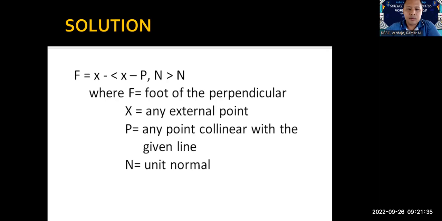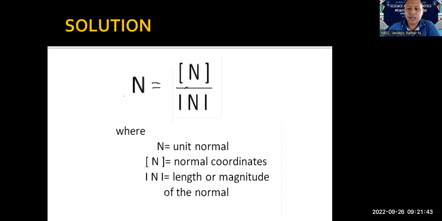So I believe that unit normal is something new. It was not taught in your high school math. So N is the unit normal. In the numerator, you can see the letter N with the braces. That is called the normal coordinates. So the content of this quantity has two coordinates.